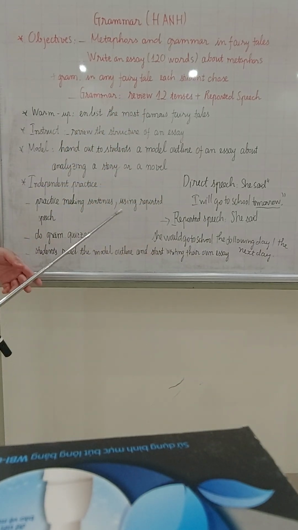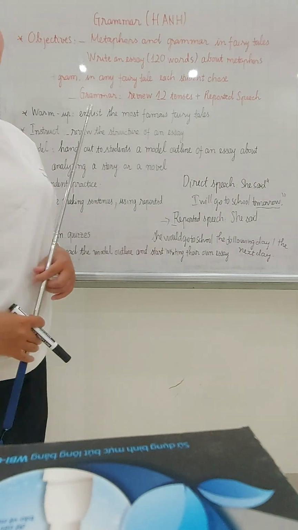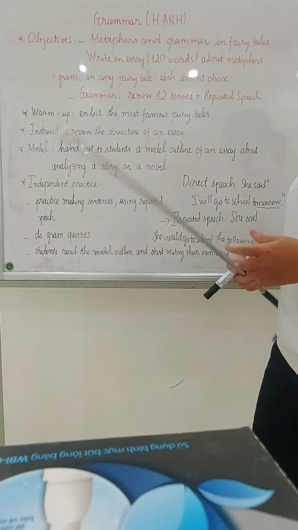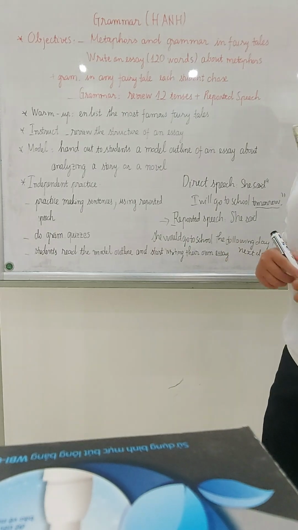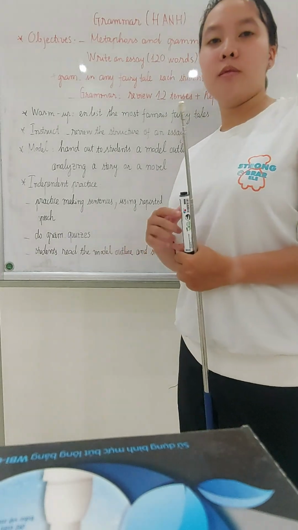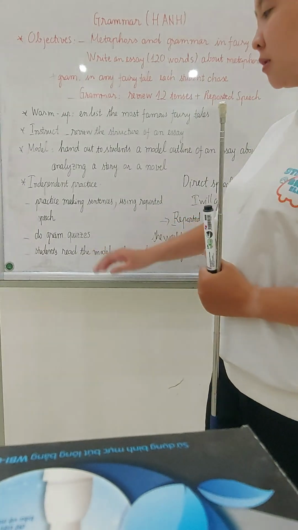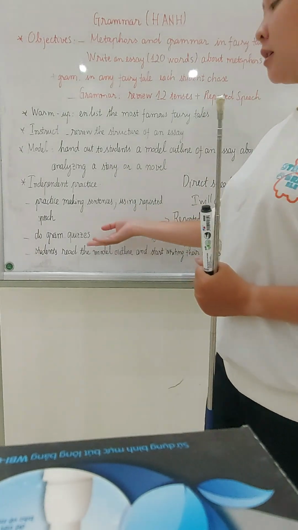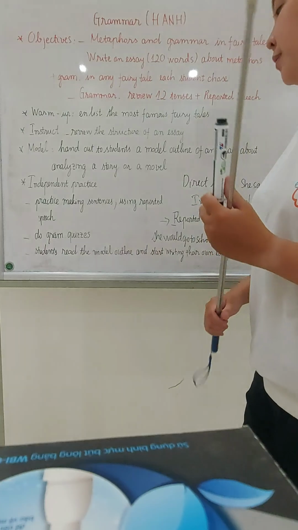Okay, and then remember, use reported speech in your sentences, and after that you do grammatical quizzes on the LMS or on paper. On paper, if you don't have smartphones or electronic devices, I can hand them out to you and you can write down on paper.